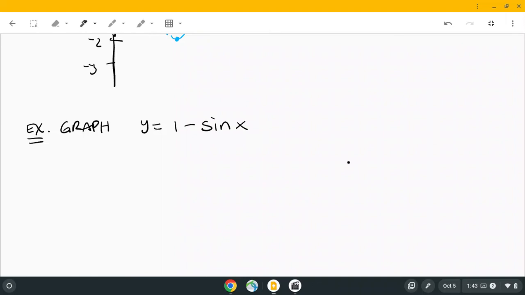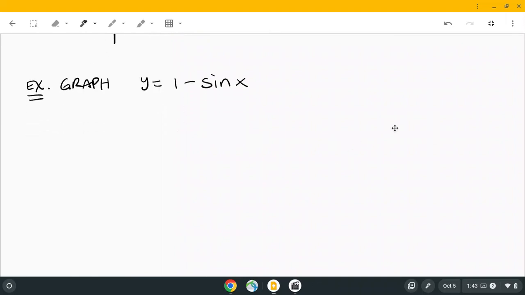Okay. All right, so two things are happening here. Okay, so this here is going to shift. Since this is +1, it's going to go up 1. Okay, so we have that. Okay, and then this might be hard to notice, but this is actually, you have to multiply the y values by -1.